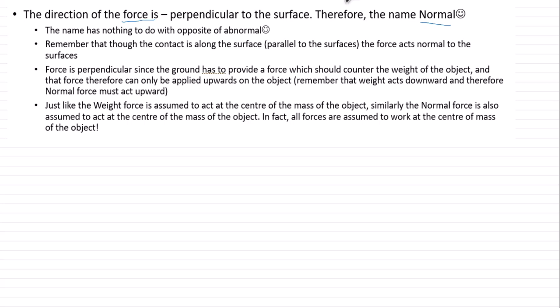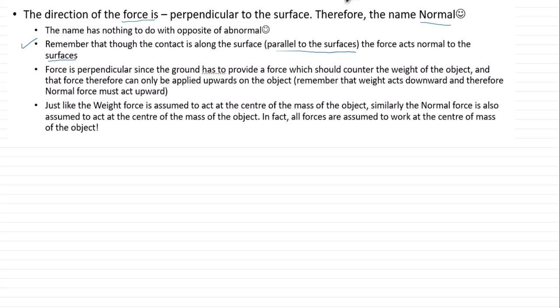It is a normal force because it is perpendicular to the surface. Another important thing is that though the contact is along the surface, which is parallel to the surface, the normal force acts normal to the surface. Very important. So you can also take the point from here that normal force happens only when the two surfaces are in contact. So it's a contact force.